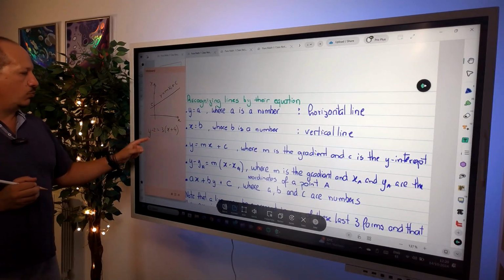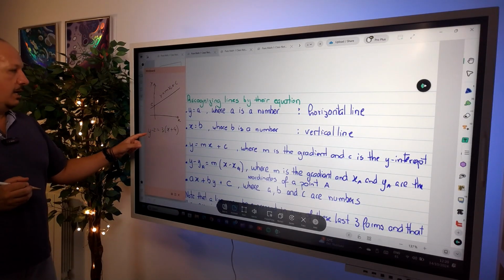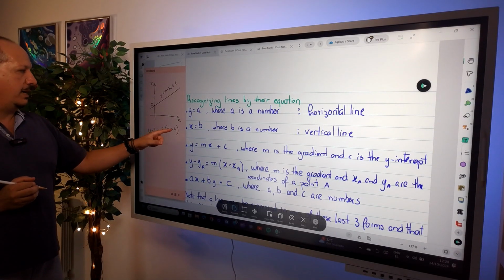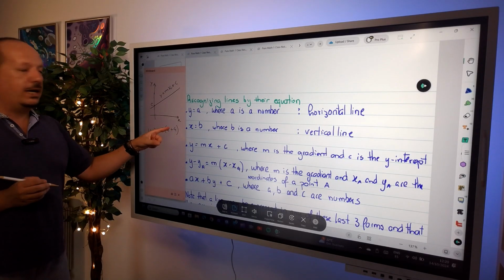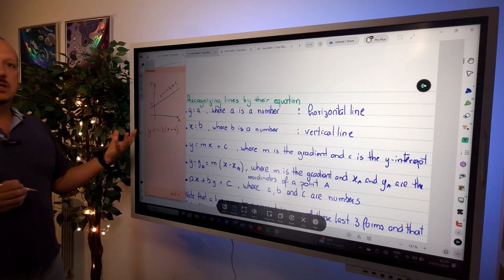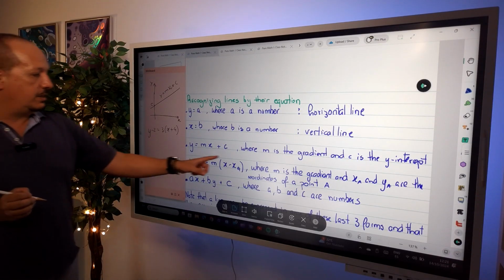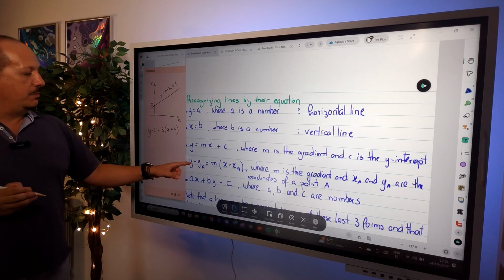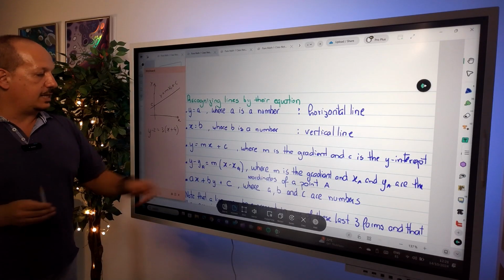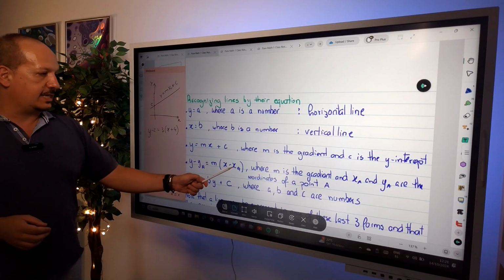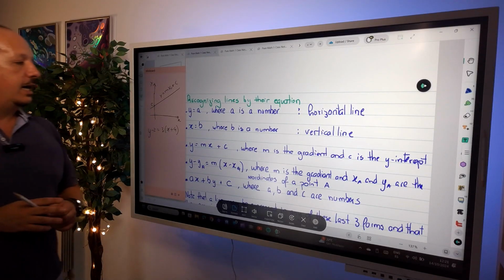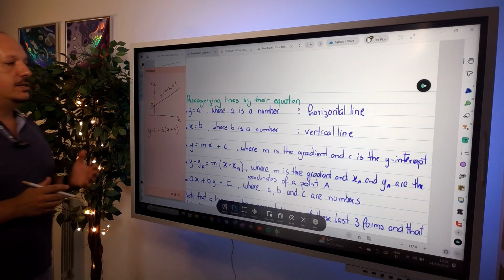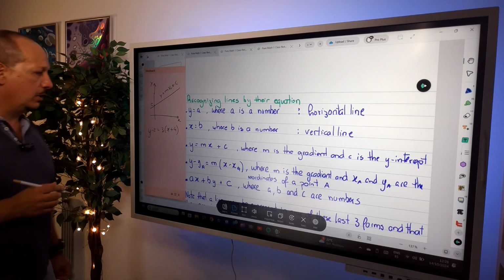If you see it this way, it means that the point 2, minus 4 is going to be a point belonging to this line. This is what you have over here: y minus ya equals m times x minus xa, where m is the gradient, and xa and ya are the coordinates of a point A that belongs to that line.